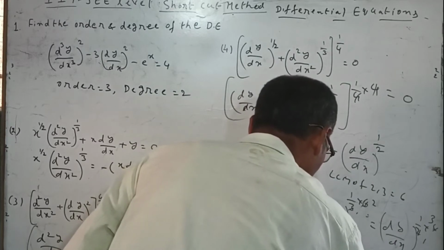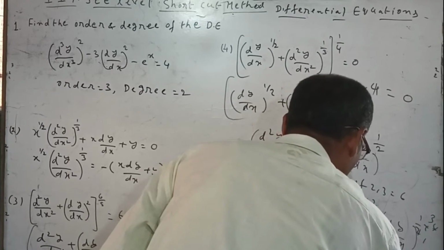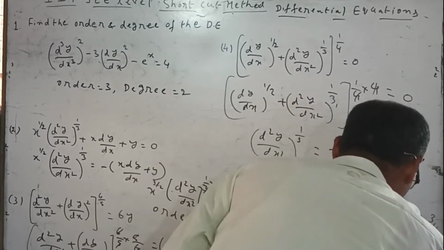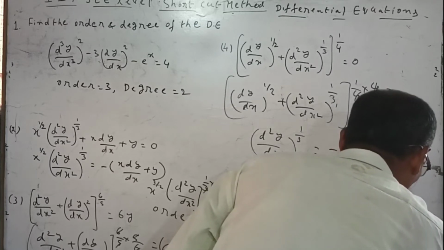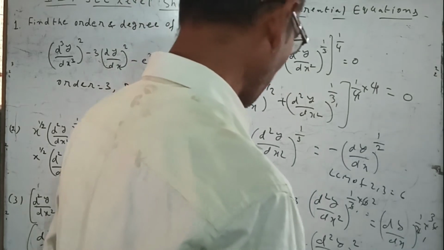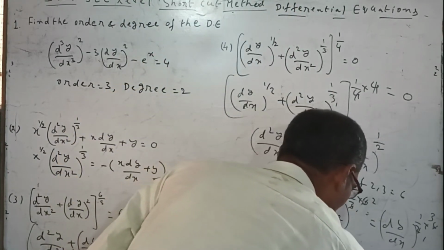So this equals (d square y by dx square) whole square equal to minus (dy by dx) whole cube. So order equal to 2 and degree equal to 2.